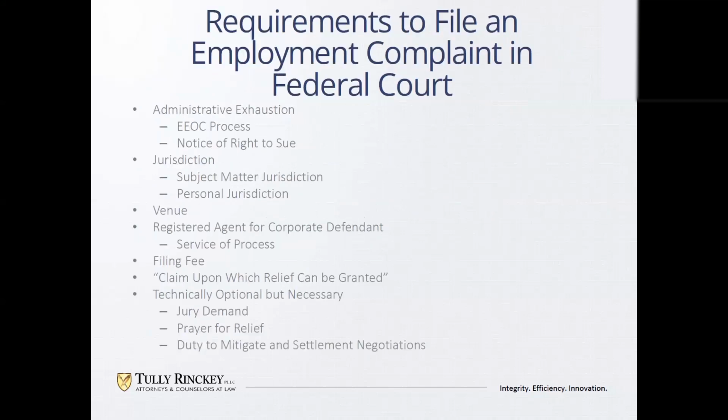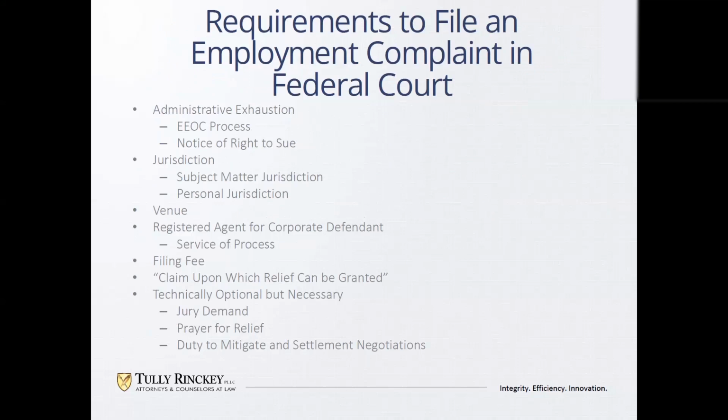As far as the next slide here, requirements to file an employment complaint in federal court. So I mentioned just a little bit ago about one of the other requirements for employment law claims, which is administrative exhaustion. What that means is for employees that want to bring an employment law claim, they first must file the claim with an administrative agency.